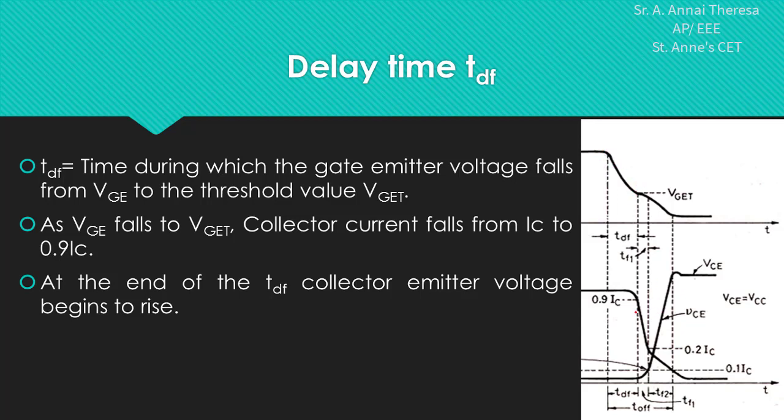At the same time, the IC current decreases from 1 IC to 0.9 IC, so 10% it is reduced. What about the voltage VCE? It is maintained constant in the delay time.